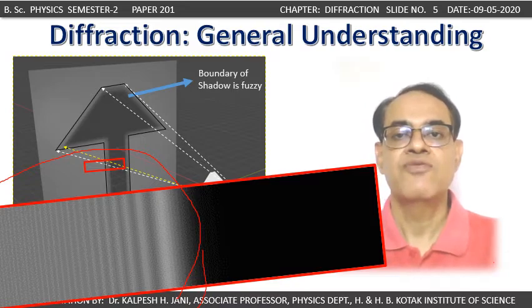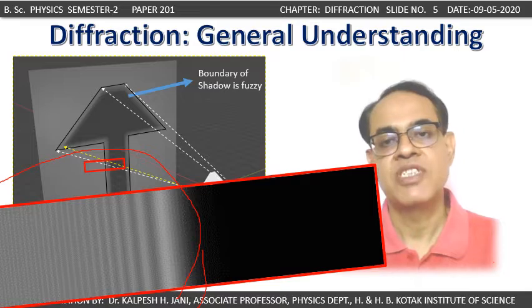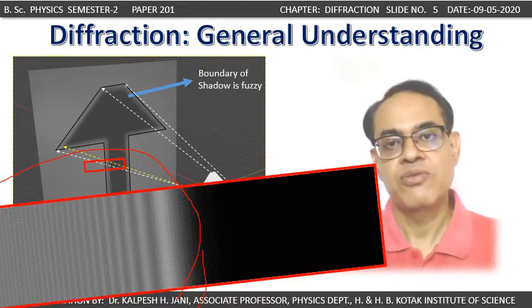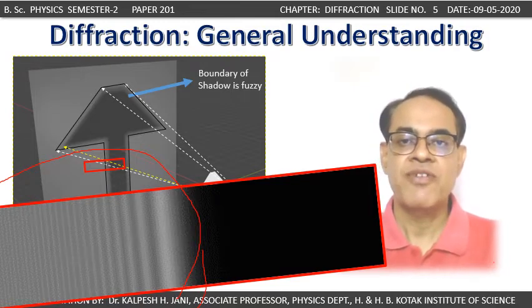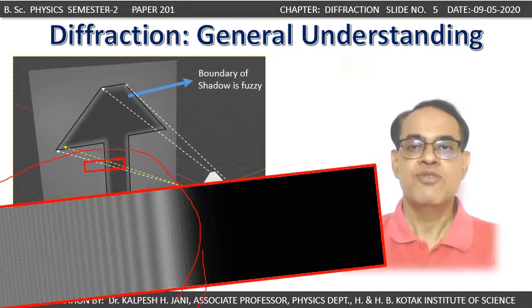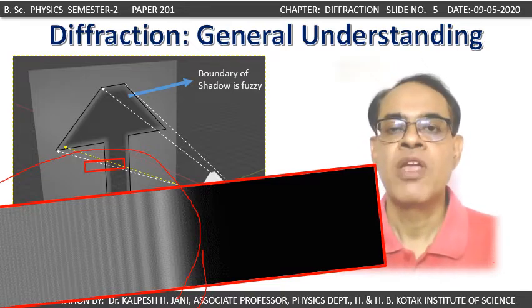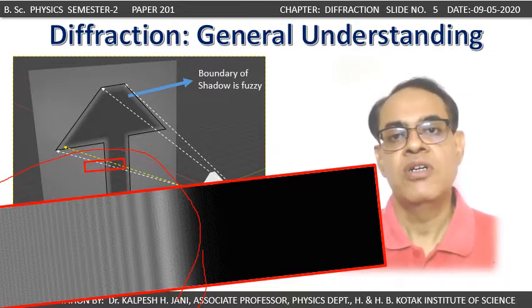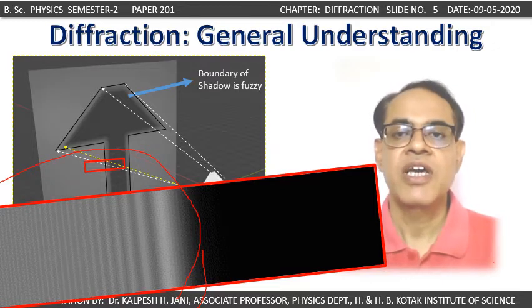This whole bunch of phenomena, the bending and subsequent interference, is known as the phenomenon of diffraction. So actually diffraction is a bunch of these two phenomena together. Let us now go to the detailed understanding of this diffraction in the next slide.